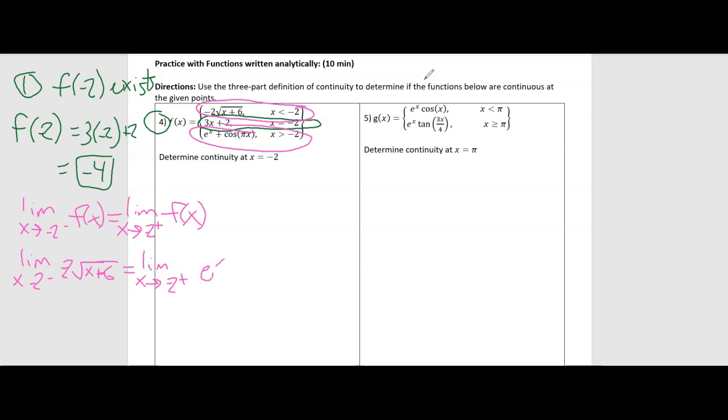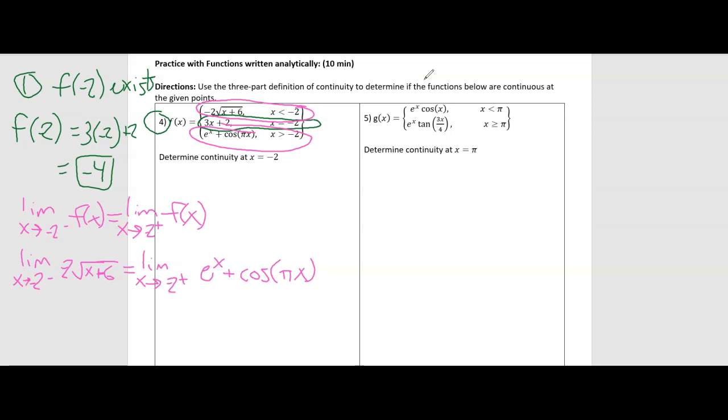And that is e to the x plus cosine of pi times x. And now it's just a simple direct substitution. We don't have to do any manipulation because these functions are continuous at x equals -2. So if I substitute in, I guess I should have a little arrow here, shouldn't I?